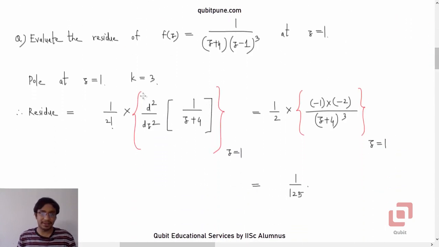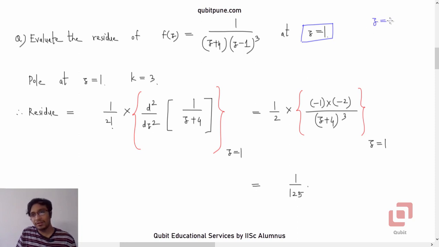Now let us quickly see an example. Evaluate the residue of the function f of z given by 1 upon z plus 4 into z minus 1 bracket cube at z equal to 1. Observe that this is again a rational function, and this particular function has two isolated singularities.